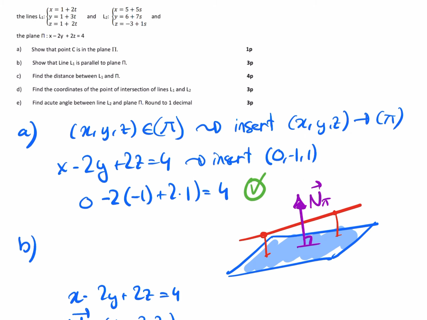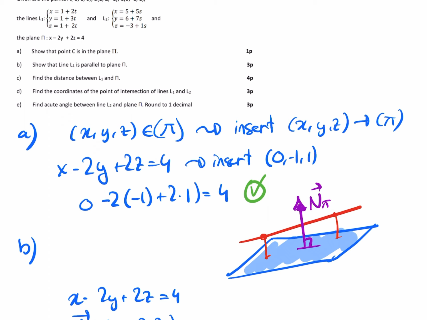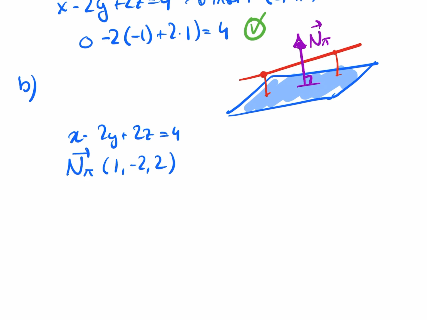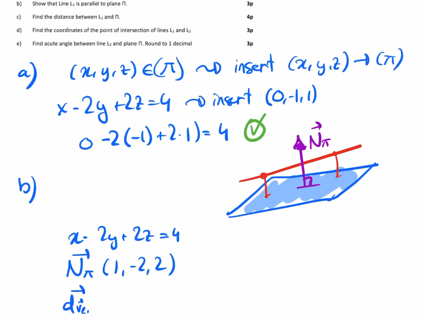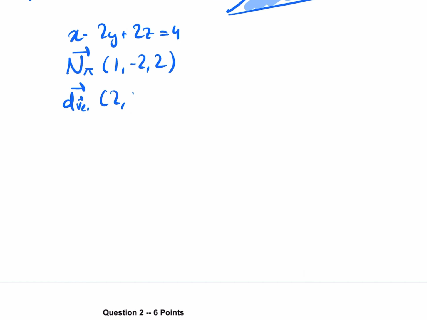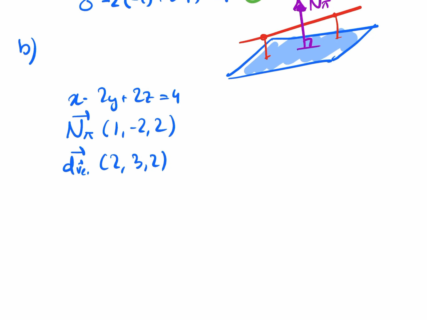We are using line L1, and the direction vector of line L1 is 2, 3, 2. Which means that these two vectors have to be perpendicular.